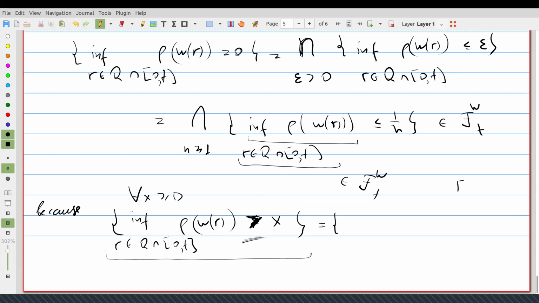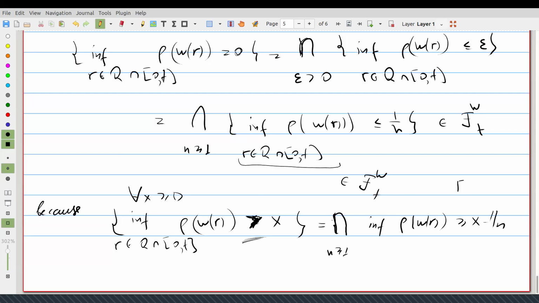So if it's greater than x, that means there exists n greater than 1 such that this infimum is greater than x minus 1 over n. But it's a union of such sets. Now this is a union over n of the infimum of rho(W_r) greater than x minus 1/n.